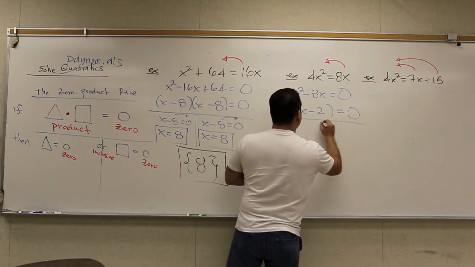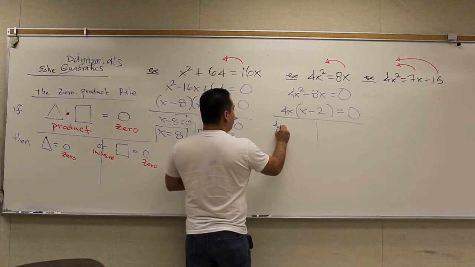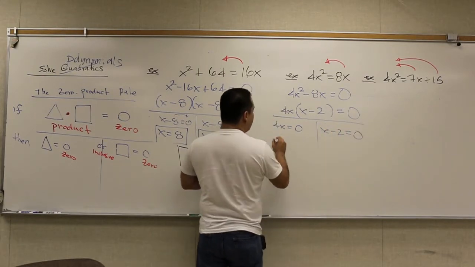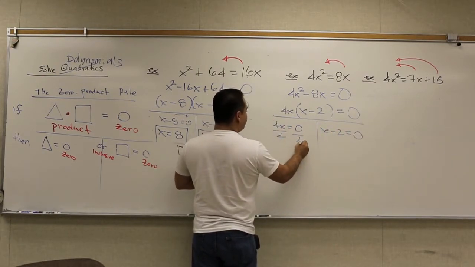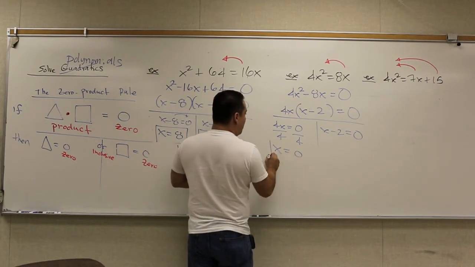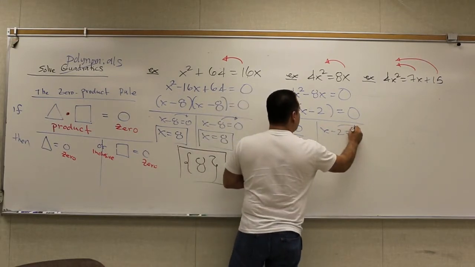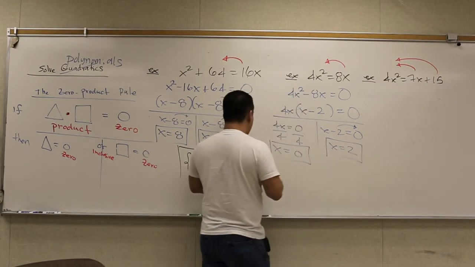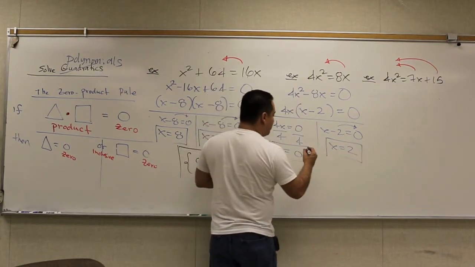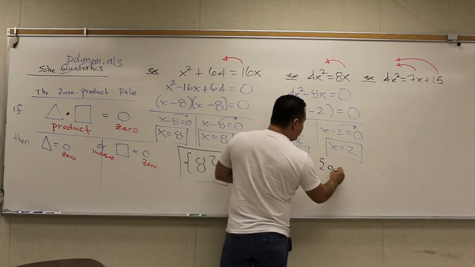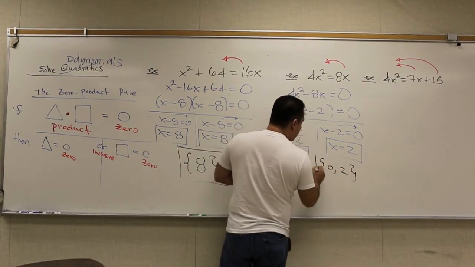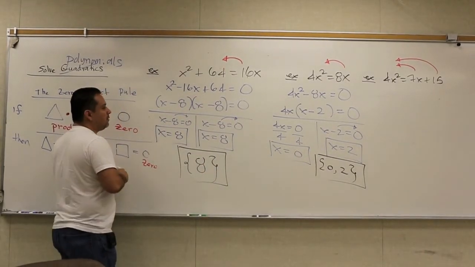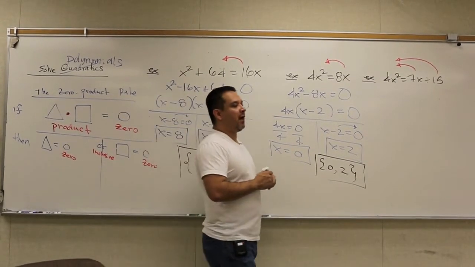So 4x is 0, x minus 2 is 0. Solve for x. Divide both sides by 4. x is 0. Translate your 2. What do you get for x? Positive 2. So if you had to list them, 0 and 2. 0, ladies and gentlemen, is a solution. Just because it's 0, don't ignore it. Some people don't like 0. Okay, put your 0 down.